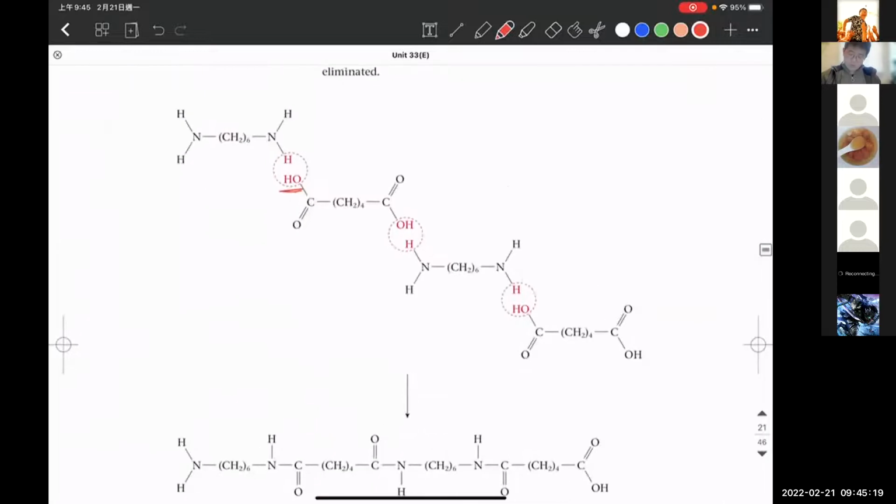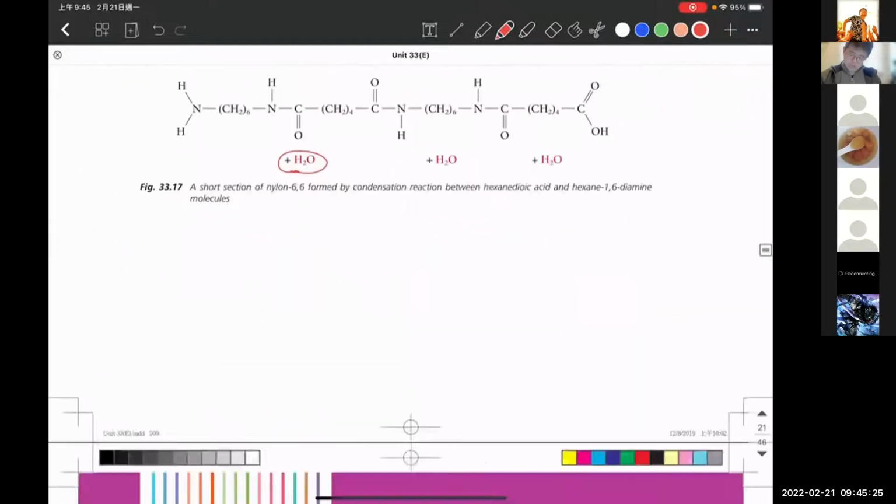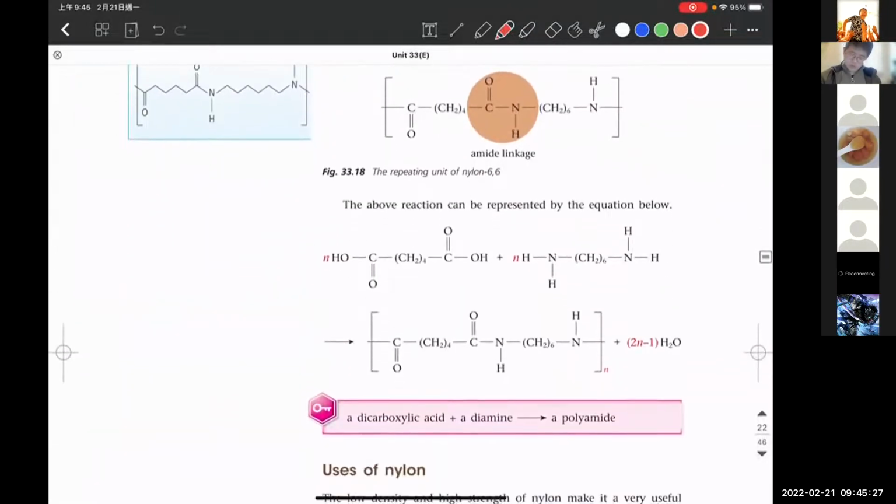So with the 2 units, you have 1 water eliminated. Altogether, if you want to count the overall chemical equation, 2n - 1 water will be eliminated. While for the repeating unit, you are going to get rid of H2O, so you're going to cross this one.